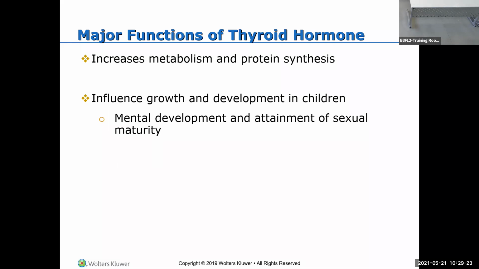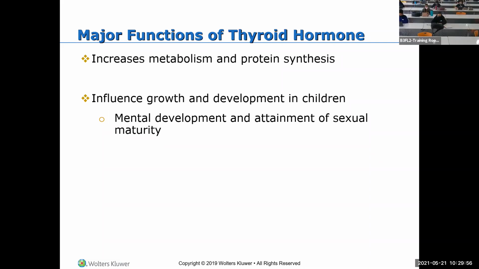And also I mentioned the cretinism, a birth defect of the thyroid gland. Is that correct? A birth defect of the thyroid gland is called cretinism in newborns. Now, the major functions in this slide, it says increases metabolism and protein synthesis, overall body metabolism. Take care of my protein, take care of my carbohydrate, take care of my fat.